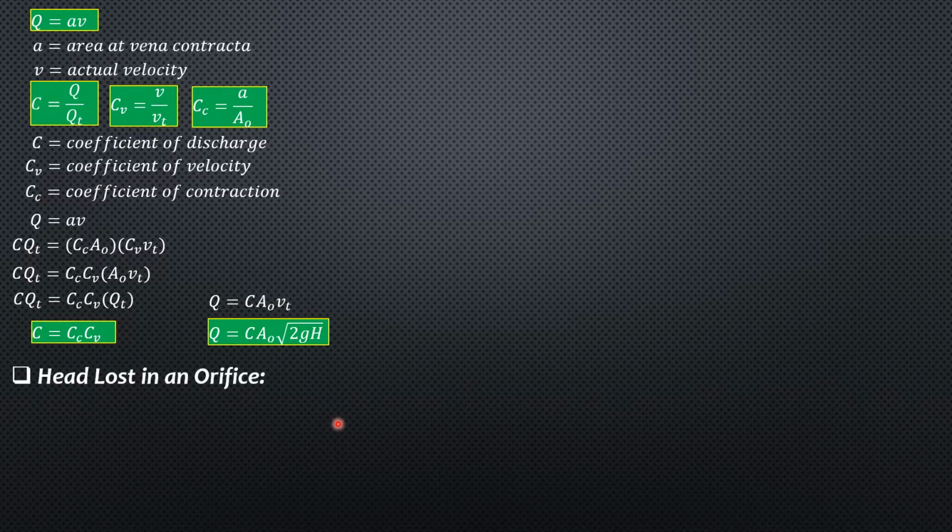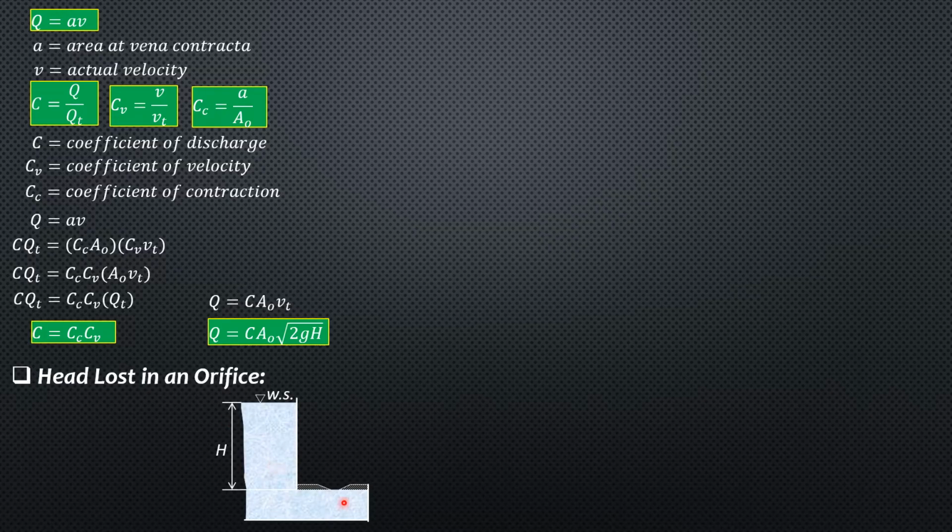Then let's proceed to the head loss in an orifice so that we can compute the actual velocity, and we will derive the formula for head loss in an orifice. So the orifice is installed horizontally, and its energy initially is big H. Because of losses, the jet will rise to a height less than big H, and that difference is the head loss. So the height to which the jet rises is denoted by small h.